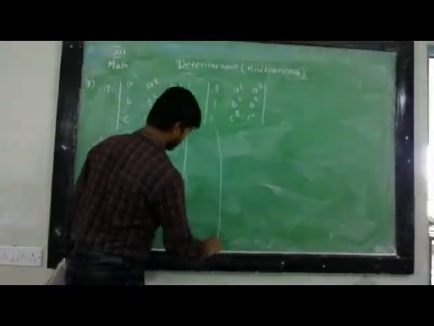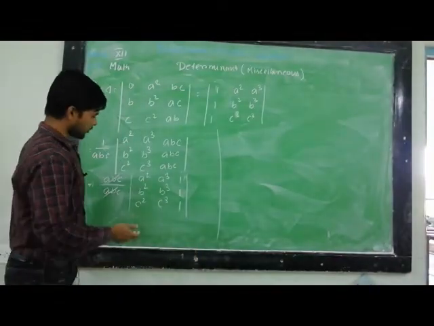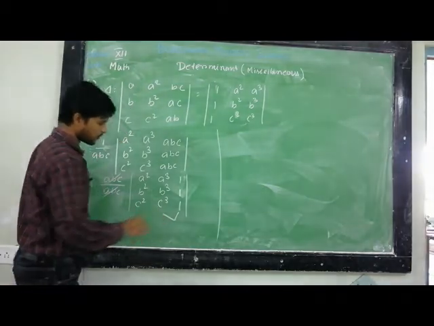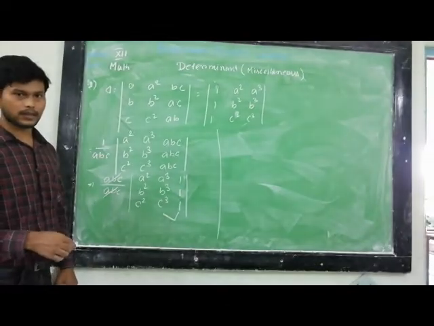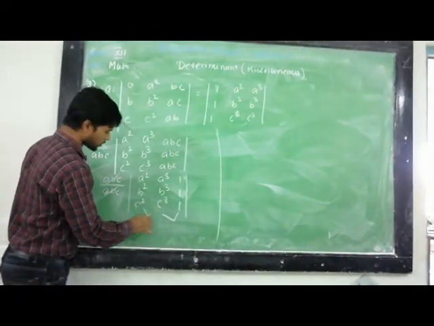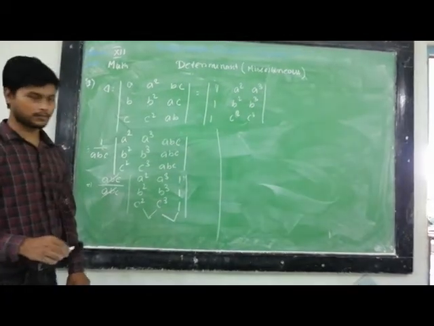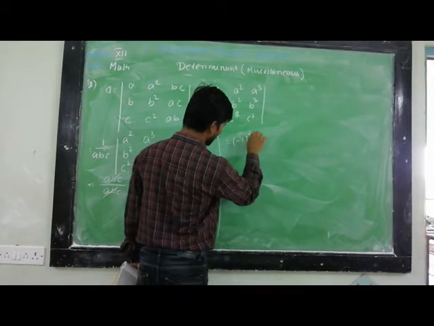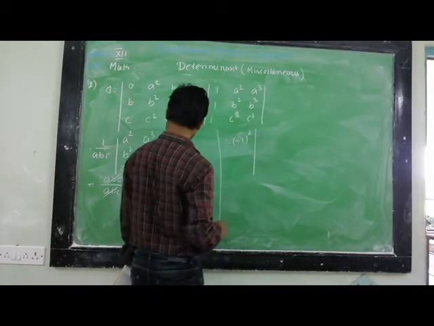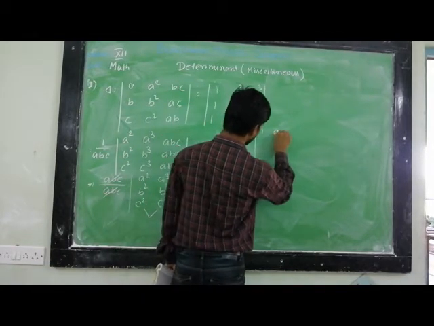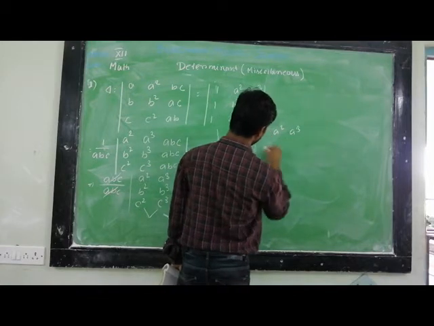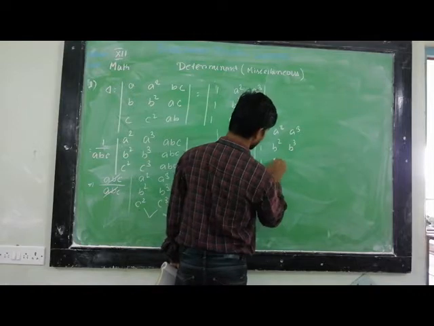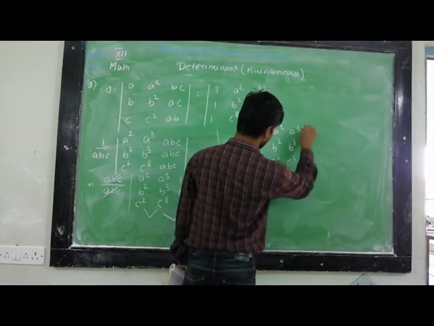Now if I interchange the third column and the second column, and after that the first column and the second column, then we have minus 1 whole square, determinant of 1, a square, a cube; 1, b square, b cube; 1, c square, c cube.